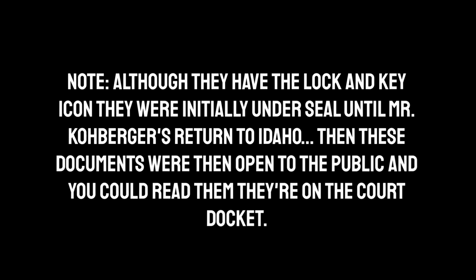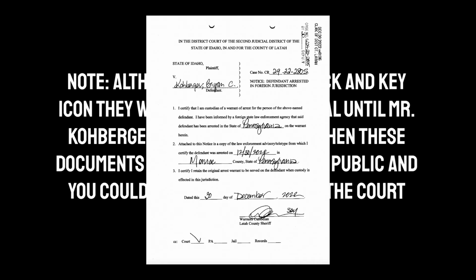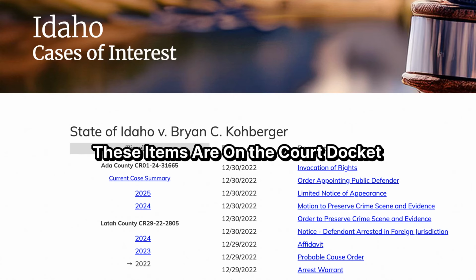And you can read them. They're on the court docket. Mr. Kohberger, of course, was arrested December 30th, 2022 in Pennsylvania. He waived extradition and he came back to Idaho willingly first week of January 2023. That's when these documents became public.